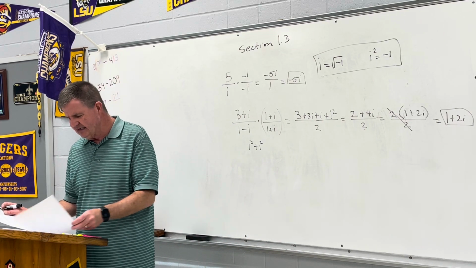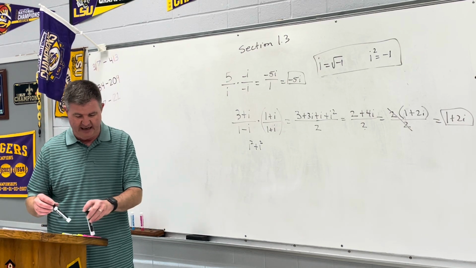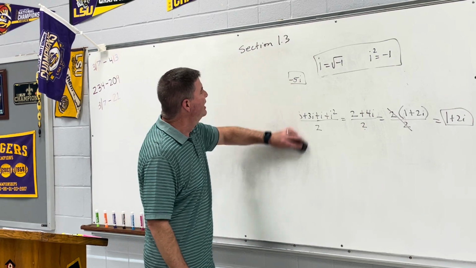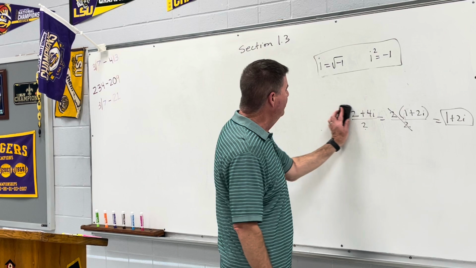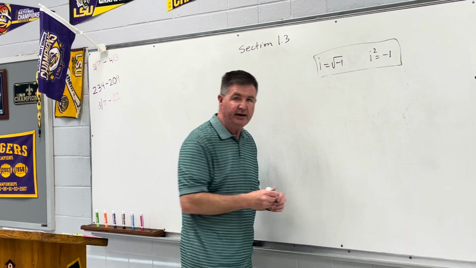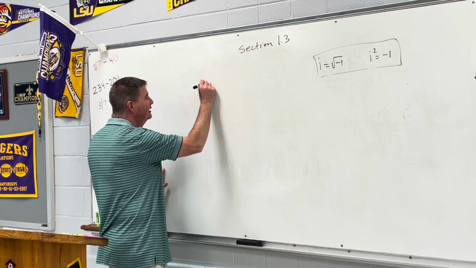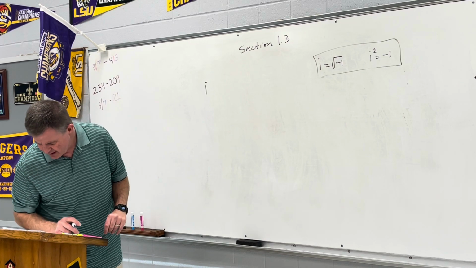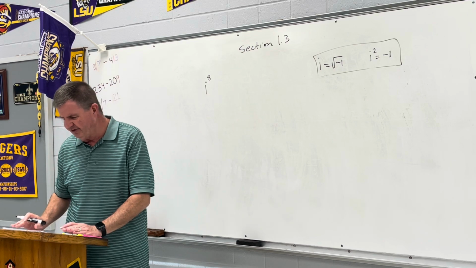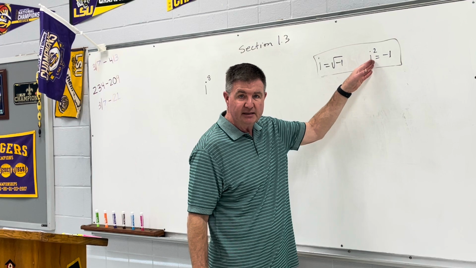And finally, the last example is talking about simplifying powers of i. Well, powers of i would look like this. I want to write them in terms of i squared. So if I have i to the 8th power, for instance, and they're saying simplify powers of i, I want to write them as many i squareds as possible.